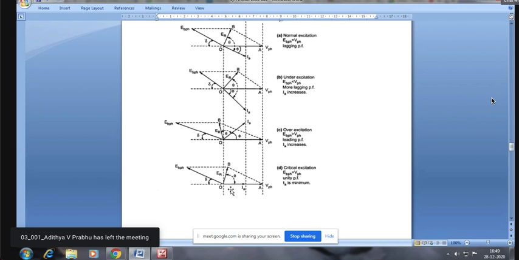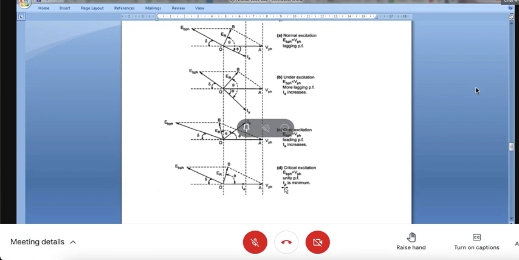That means the current and voltage will be on the same line. And when the power factor becomes unity, can you tell me what should happen to the current for the same power input? Will the current decrease or increase?